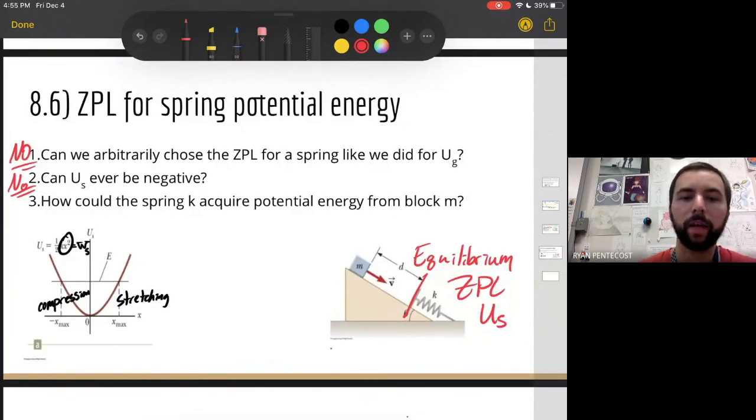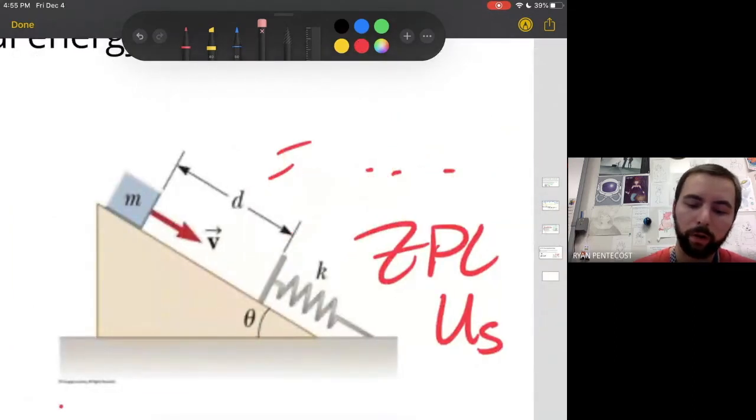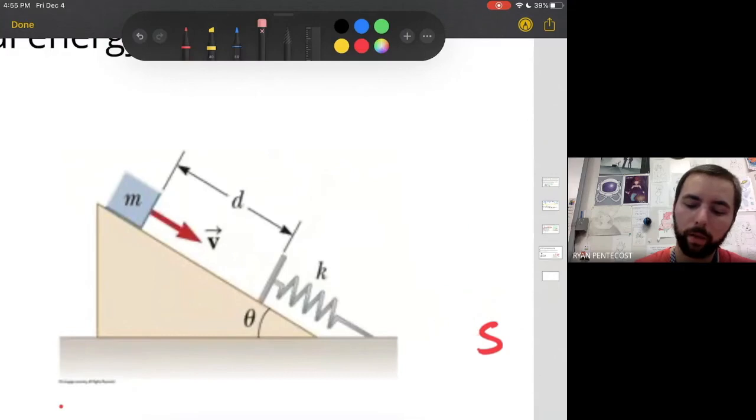Now I say that again, there is an exception to every rule. The positives and negatives in your problems are usually relative to whatever is positive or negative in your scenario, right? For example, for this problem here, if we wanted to arbitrarily create the positive and negative axis for this, right?